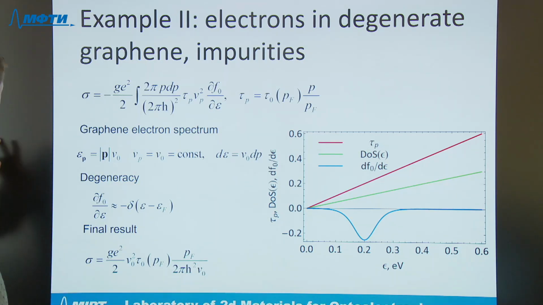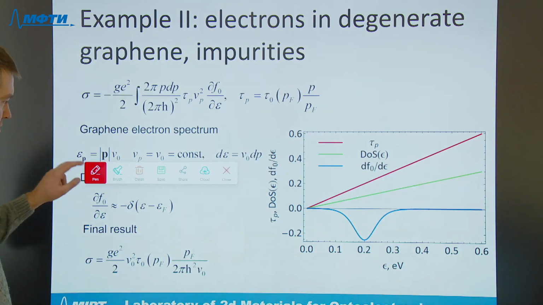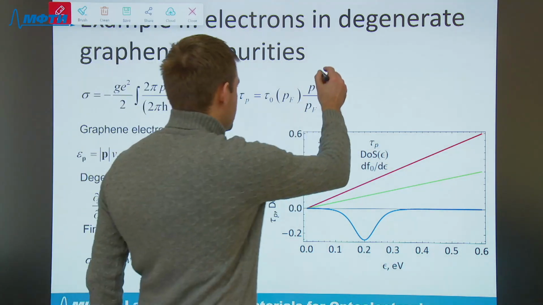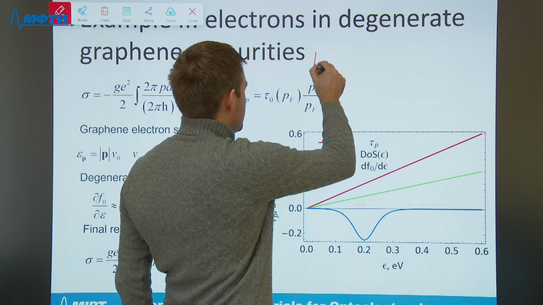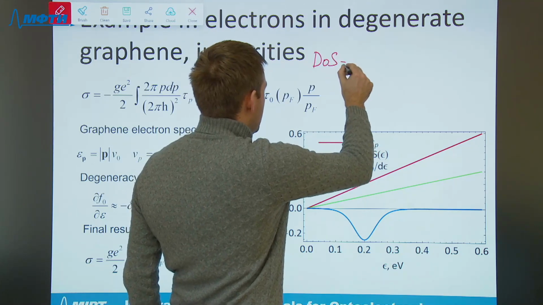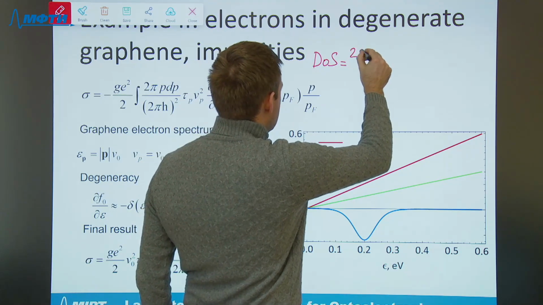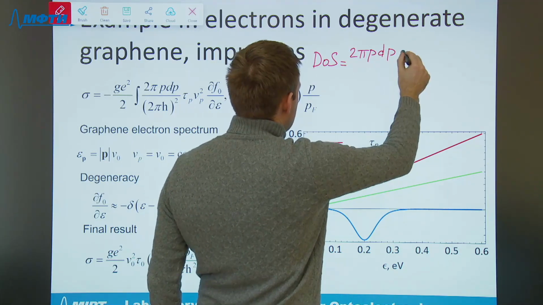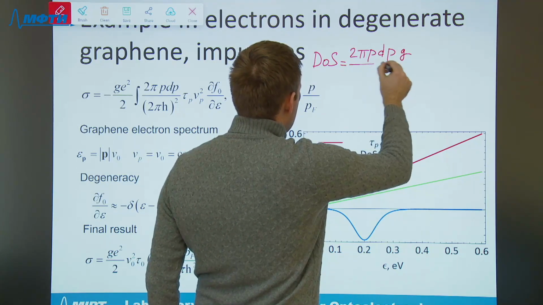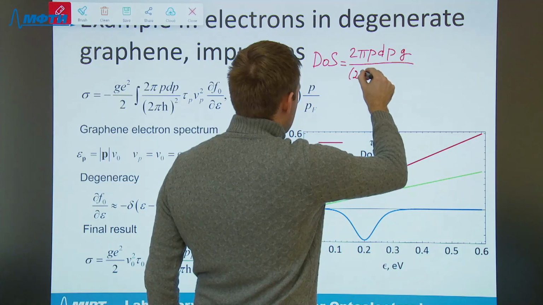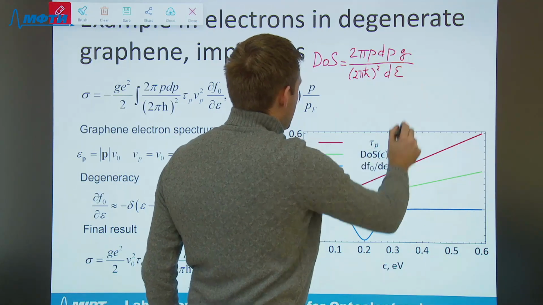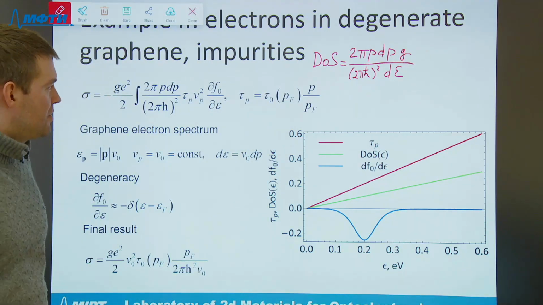So the density of states is the number of states per unit energy interval. So it is the element of the phase space multiplied by degeneracy divided by (2πħ)², divided by the energy interval.